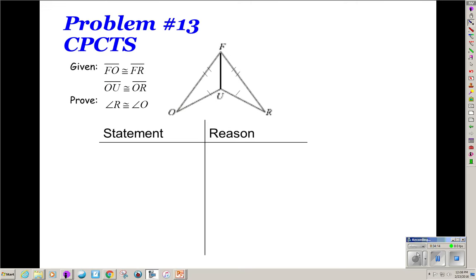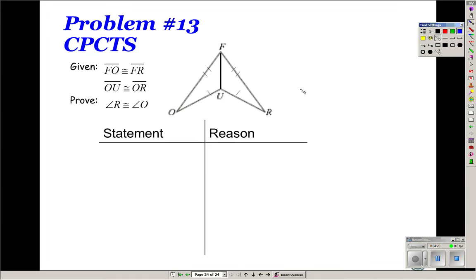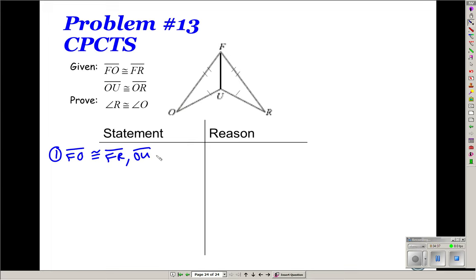Here's our last proof. They give us that segment FO is congruent to segment FR, and segment OU is congruent to segment OR. Prove that angle R is congruent to angle O. So let's start with what we're given. Segment FO is congruent to segment FR, and segment OU is congruent to segment OR.